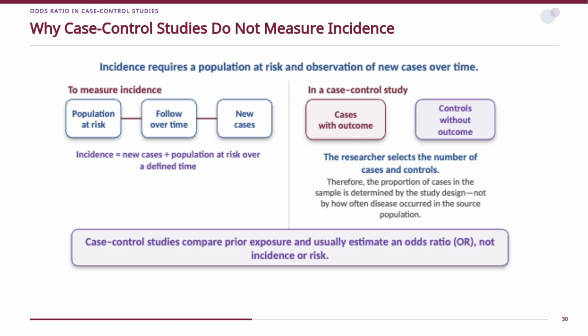In a case-control study, however, the researcher first selects cases who already have the outcome and controls who do not have the outcome. The number of cases and controls is therefore determined by the study design rather than by the actual frequency of disease in the source population. Because we do not have the complete population at risk as a denominator, we cannot directly calculate incidence or risk.